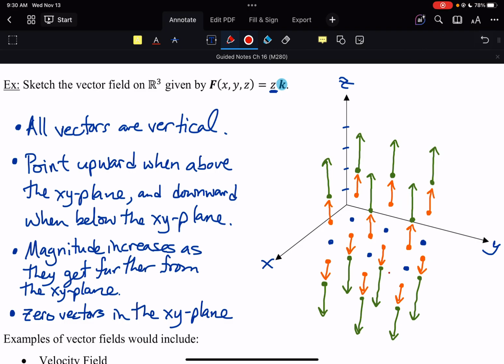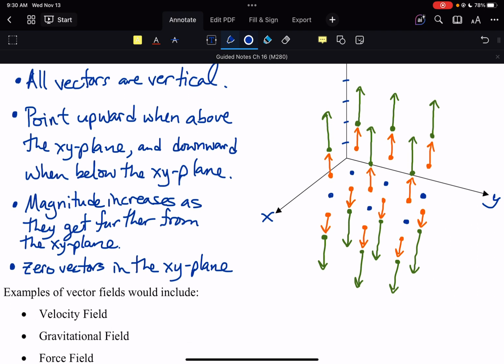Same thing if I drop it down here, it's going to drop faster and faster. Theoretically, if you dropped it right on the XY plane, it wouldn't go anywhere. If it was perfectly situated on the XY plane, it would not go up or down. It would just stay exactly where it is.